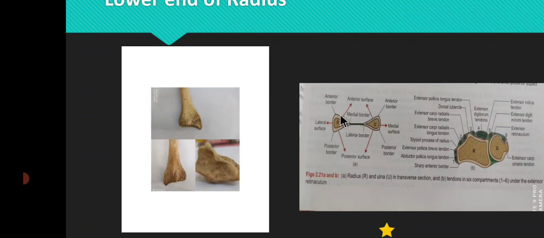On this diagram you can also see the radius bone, this anterior surface, lateral surface, the posterior surface, the medial surface, and the inferior surface.